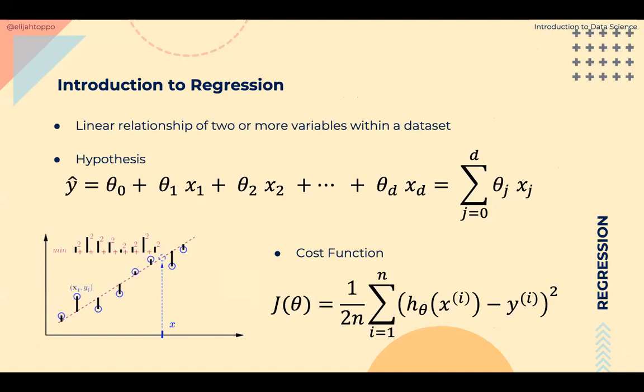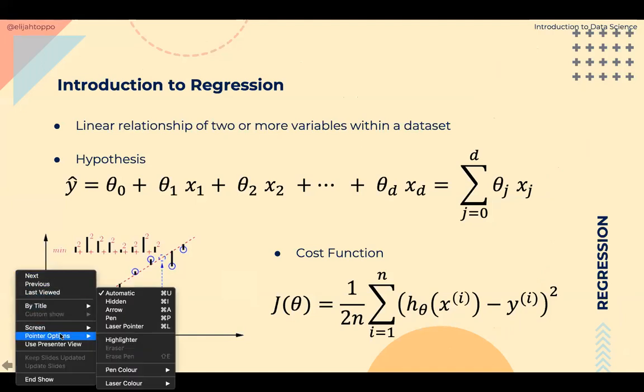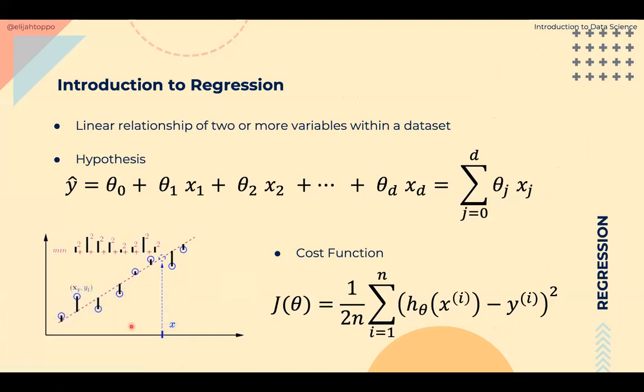One of the common algorithms that people use with regression is something called a linear relationship, or linear regression. Let me get a pointer. We look at the linear relationship of two or more variables within a data set, which we call linear regression.